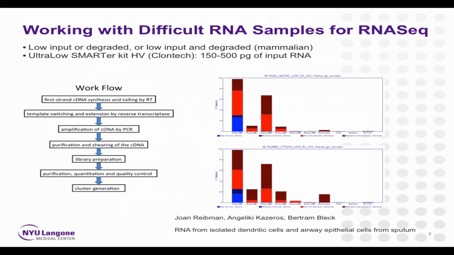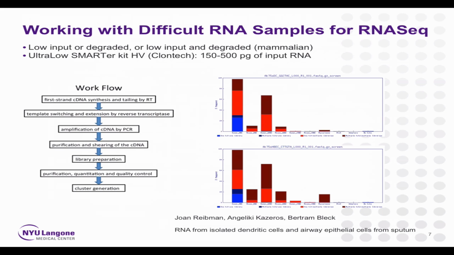I had an issue with the slides right before coming here, so that's why you don't see that one in the slide. Basically, it's your choice which one to use. The only caveat is if you are working, once again, with non-mammalian species, the SMARTer kit does not work, and we will have to use the NuGEN kit for that.